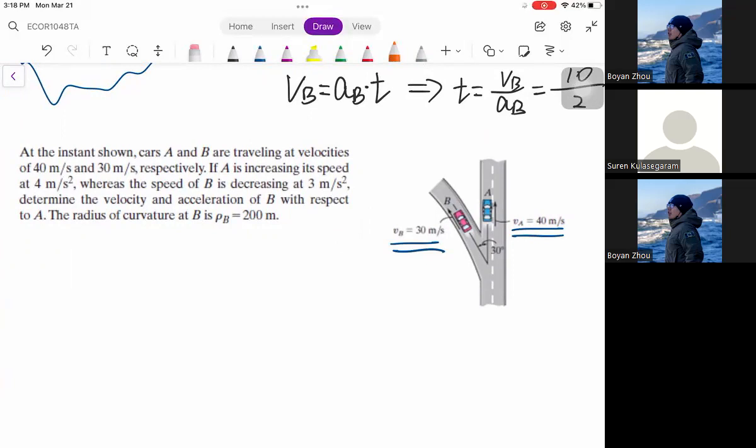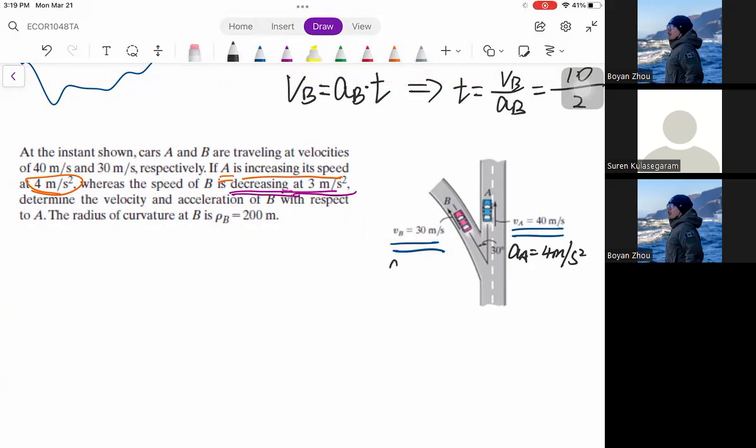For vehicle A, the acceleration is 4 meters per second squared, it's accelerating, increasing speed. So that means A is equal to 4 meters per second squared. And for vehicle B, the speed is actually decreasing.